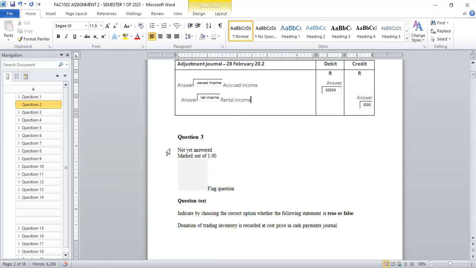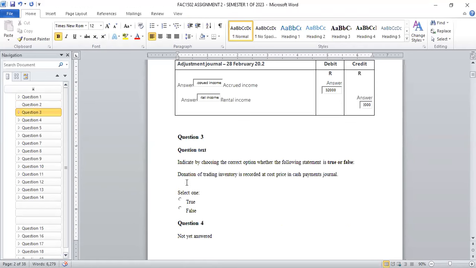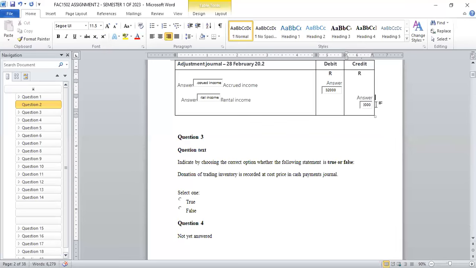But if they accept rent on its own, then your answer will be wrong. We'll just check when they give you the solutions there. All right, any questions on that one? All right, then maybe let me just write here that it is 32,000.